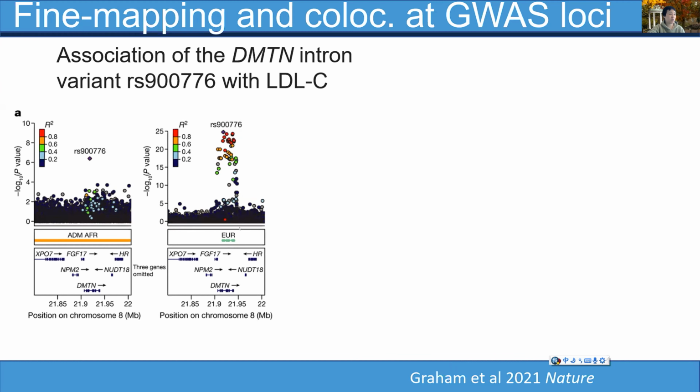Besides European ancestry individuals, they also have admixed African American individuals. As you can see here, the same variant is also most significant, but it didn't pass genome-wide significance, the magic 5 times 10 to the negative 8.